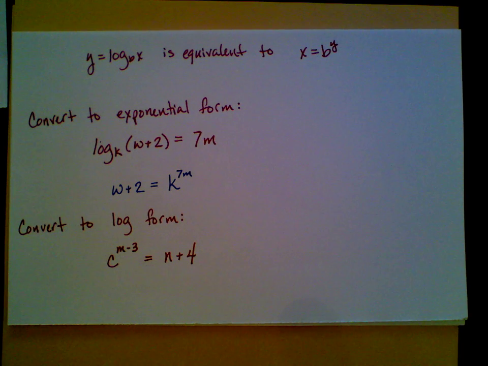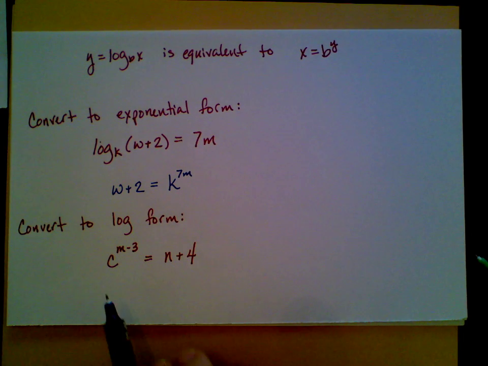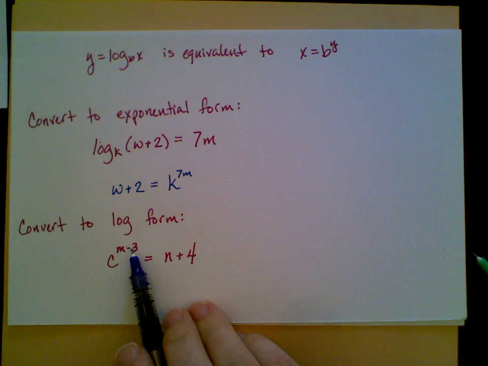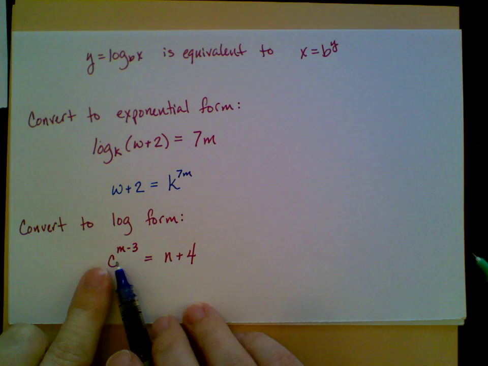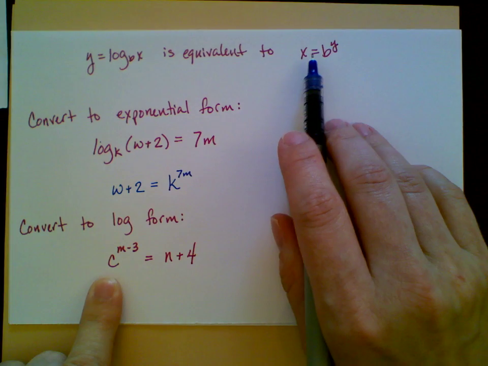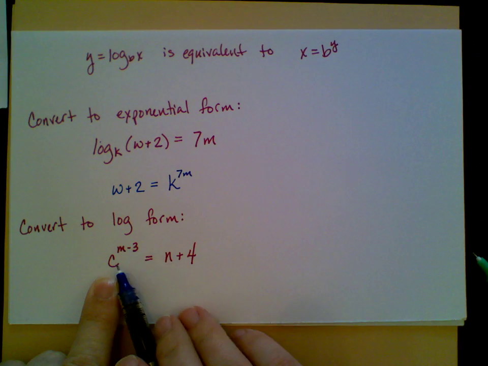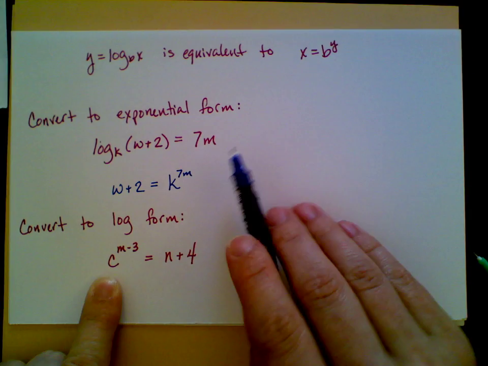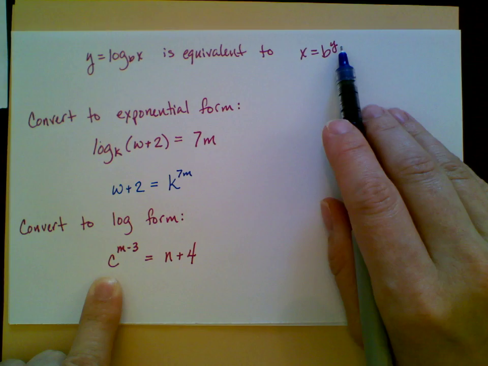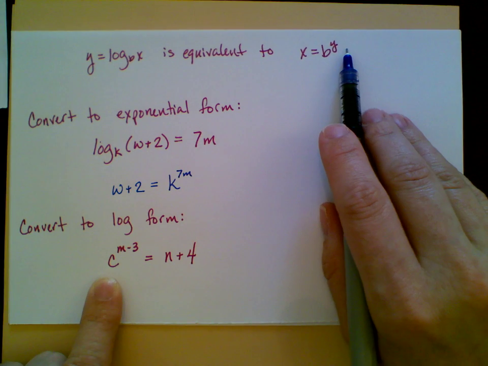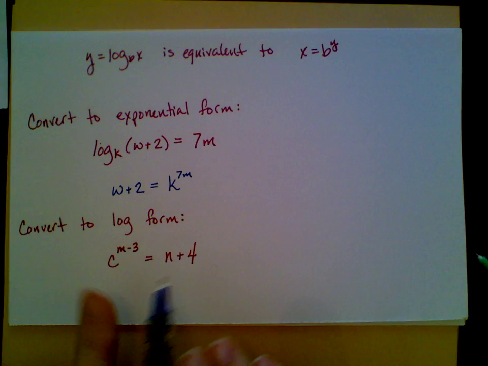So I have something that's being raised to an exponent. This is in exponential form. Notice that the part that has the exponent is on the left side of the equation instead of the right side, but that's okay. The equations can be reversed.